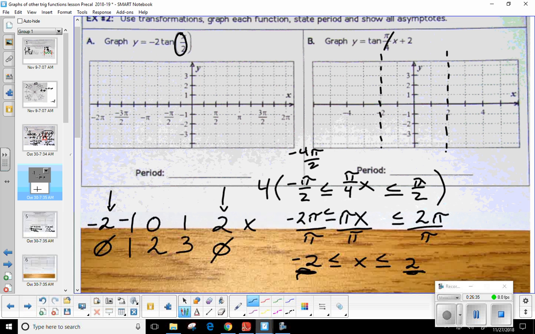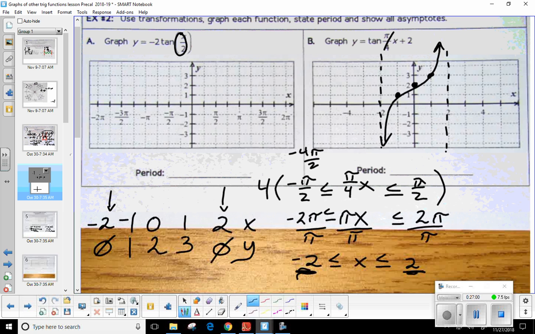So there's my x's and that's my y. So -1, 1. Then the second ordered pair would be 0, 2. And what's my third ordered pair? 1, 3. There you go.